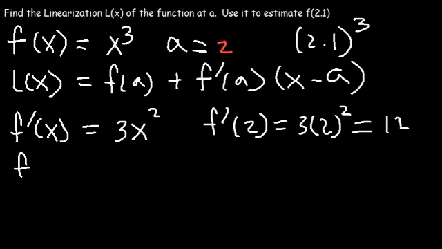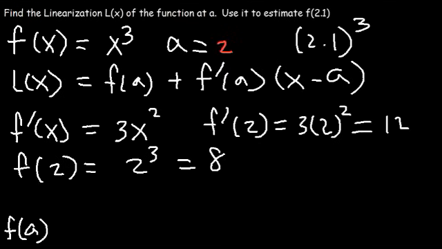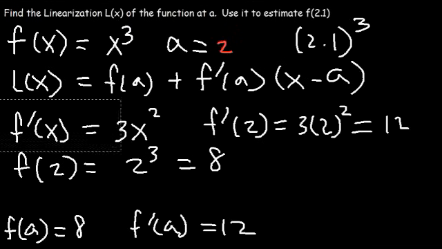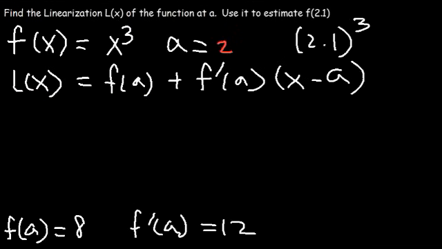Now we need to find f of a, which is f of 2, and 2 to the third power is 8. So f of a is 8, and f prime of a is 12. So now we can write the L of x function.